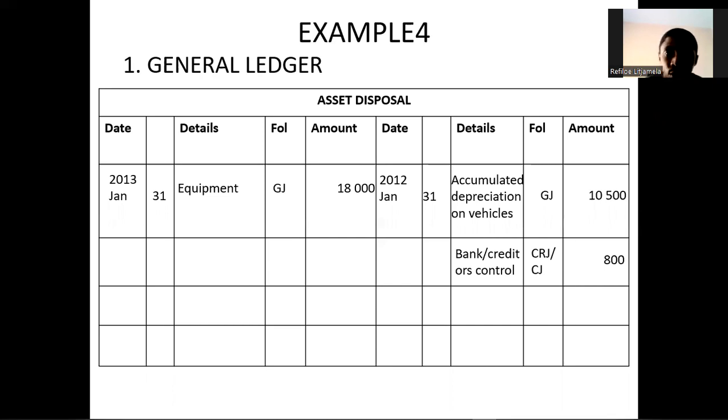And please note that you just check the left hand side and the right hand side. And then normally what I do is that I take whatever I have on the debit side, I minus everything on the credit side. If the amount is positive, then it means it's a loss. If the amount is negative, then it means it's a profit. In this case, remember it will be a profit if your selling price is greater than the carrying value.